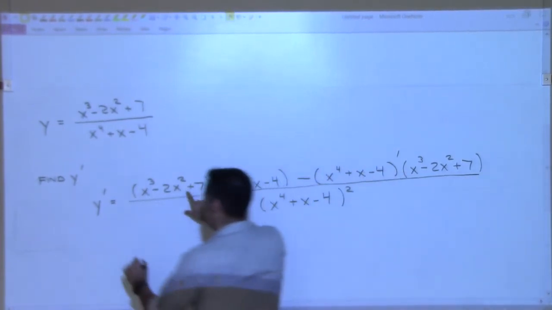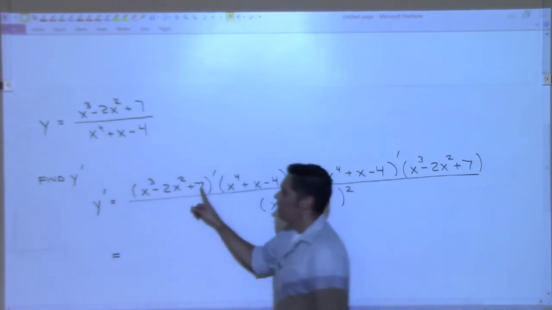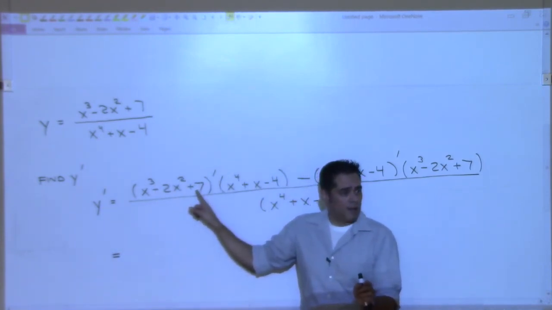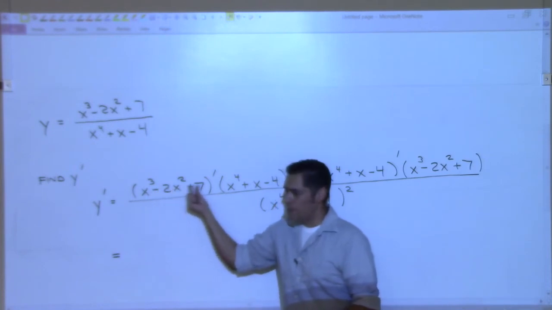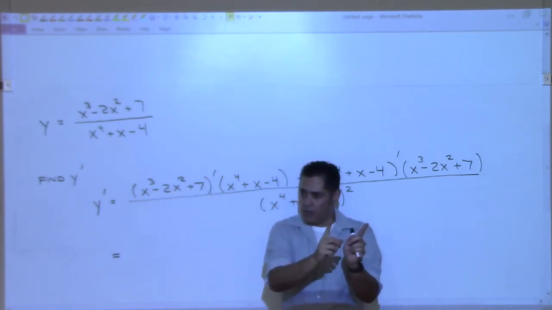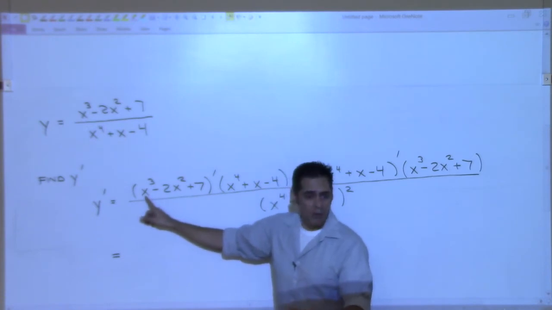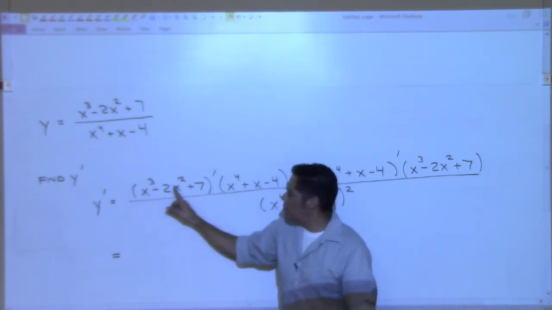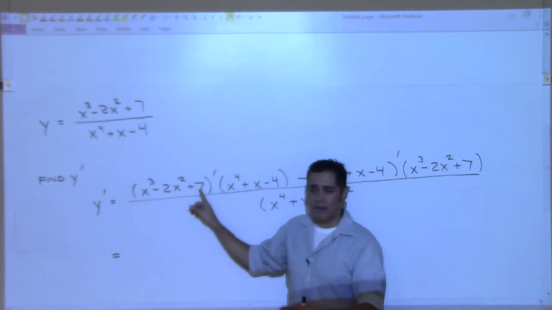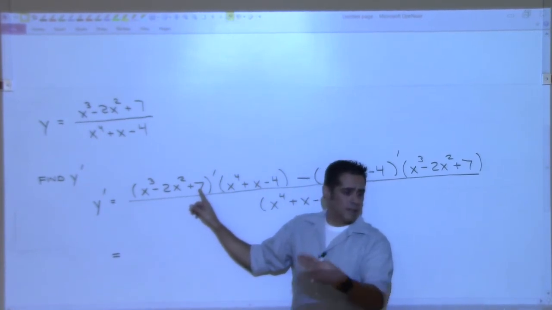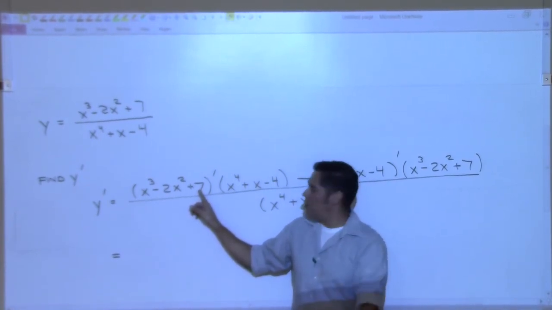So the derivative of this piece right here is something from last class. We have multiple terms separated by addition and subtraction, so I can do them individually, and each one of those I can handle using the power rule, right? This one, power rule. This one, power rule. This one, the derivative of a constant is always 0, right? So let's do that.